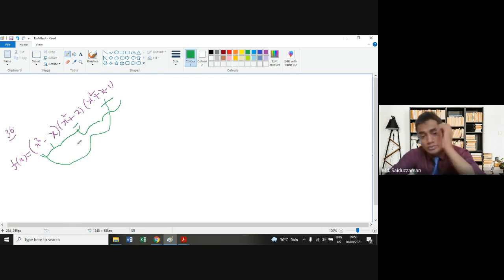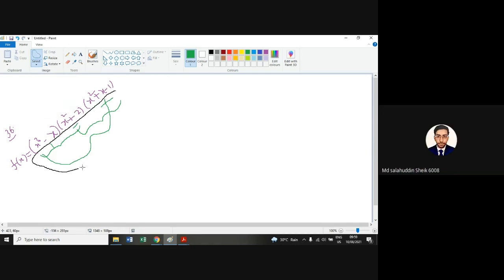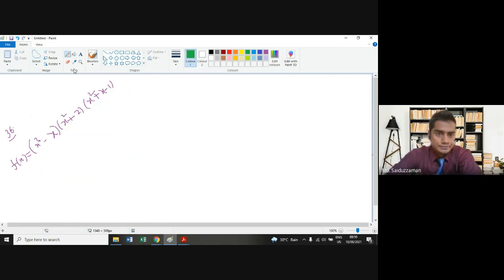It is another way. I suggest that it's better to simplify at first, then it will be easier. But I am showing the other way, no problem. So f prime of x is what?